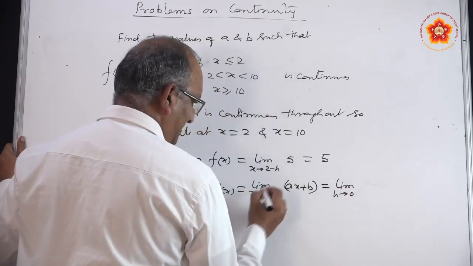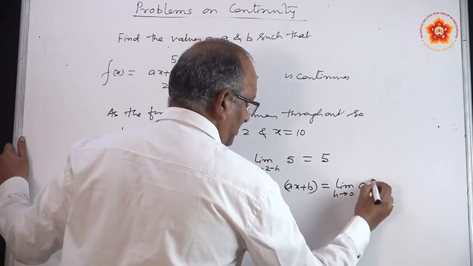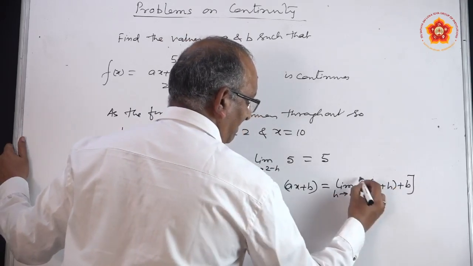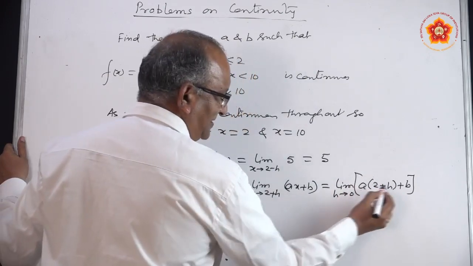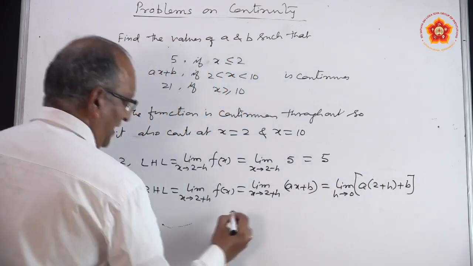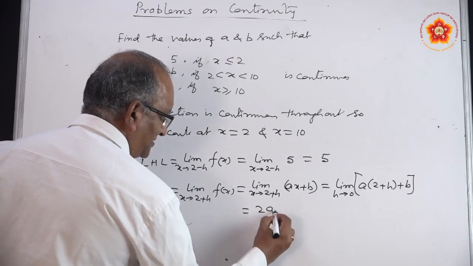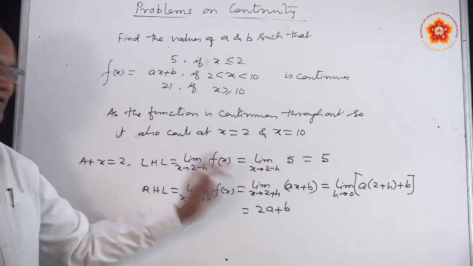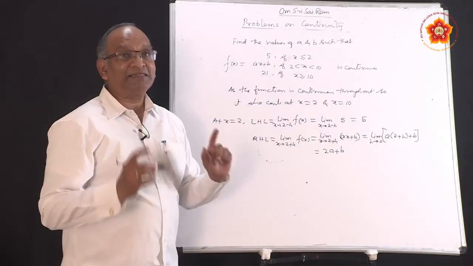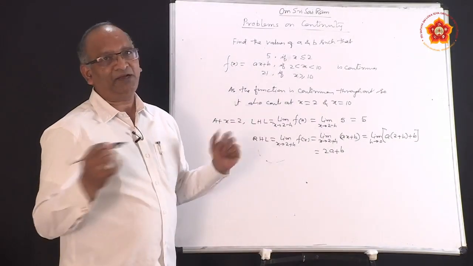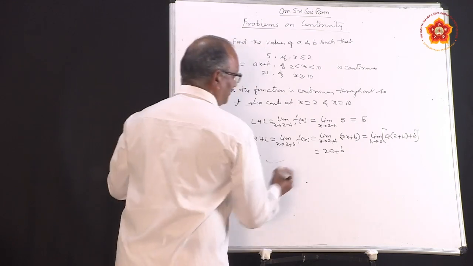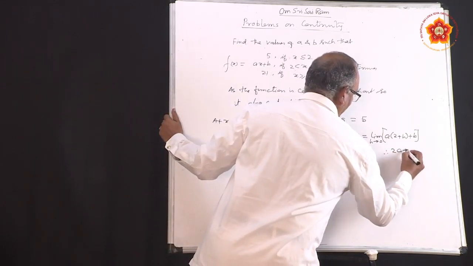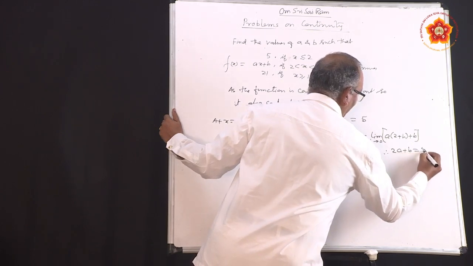In place of x, write 2 plus h, plus b, and proceed to the limits h tending to 0. You will be left with 2a plus b. Left hand limit is 5, right hand limit is 2a plus b, and he said it is continuous, so both are equal. So one equation we get, saying that 2a plus b equal to 5.